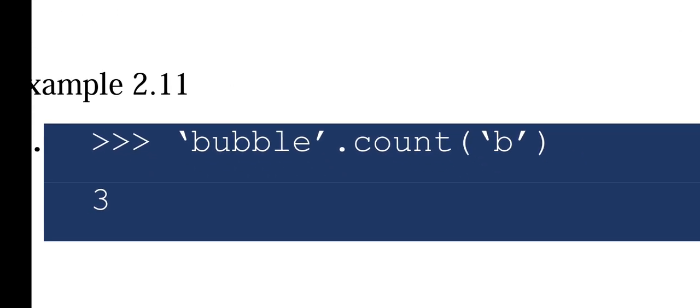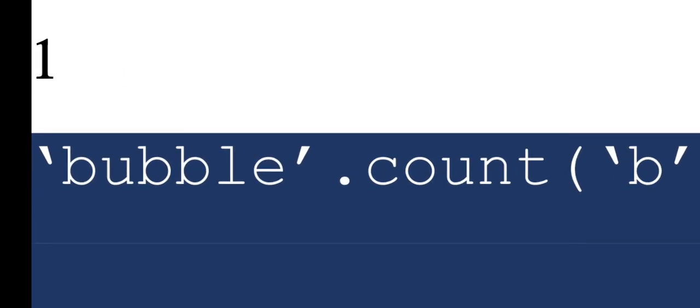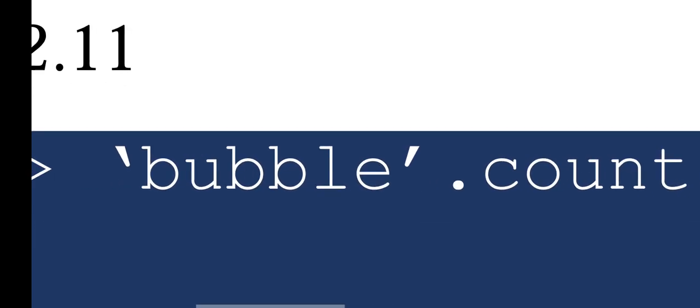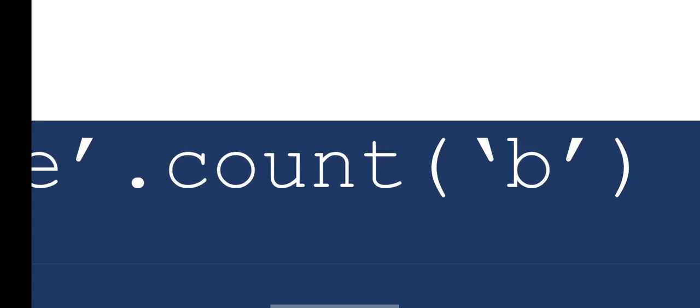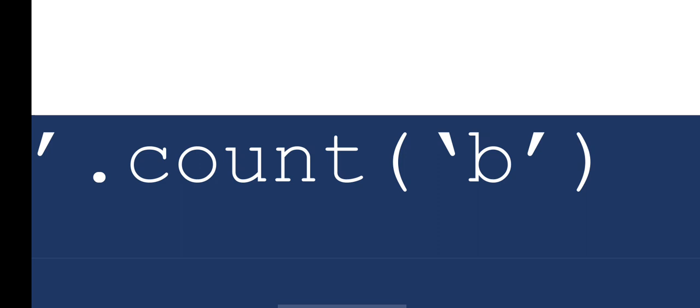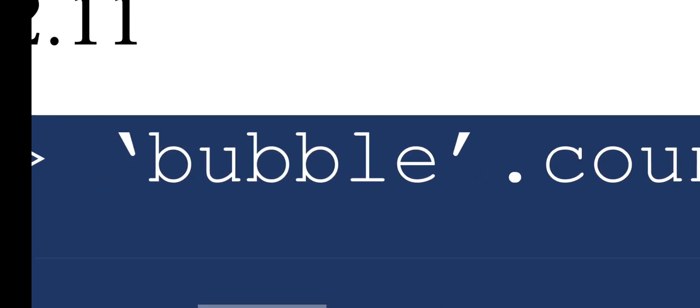Let's look at examples. Example 1, we have a string bubble. We want to know how many times the letter B appears in the word bubble.